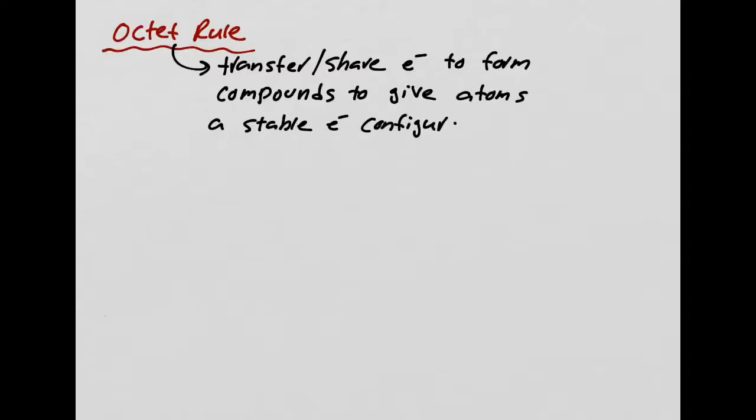And what is a stable electron configuration? We just talked about it. A stable electron configuration is when you have 8 valence electrons, because noble gases are stable.